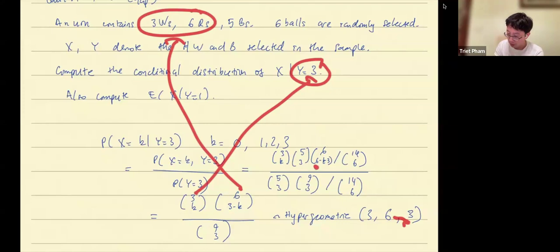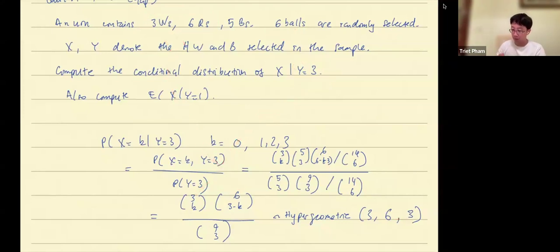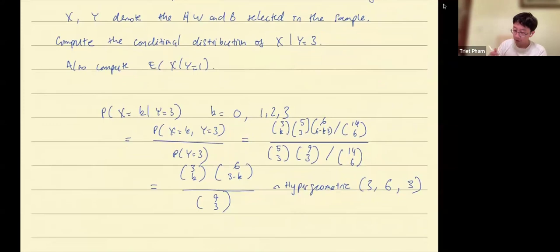That 3 comes from 6 minus 3, which is the number of non-black balls in your sample. Okay. Then the textbook asks you to compute the expectation of X given Y equals 1. How do we do this?